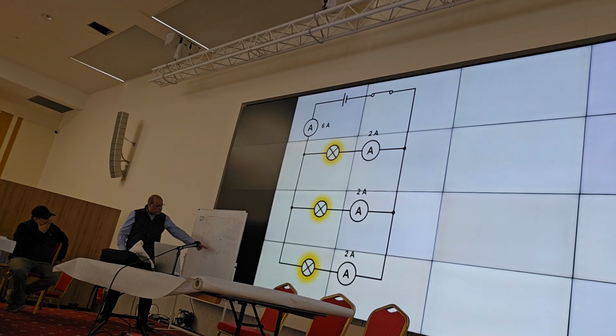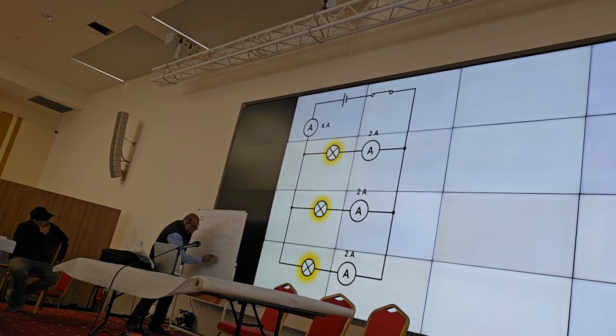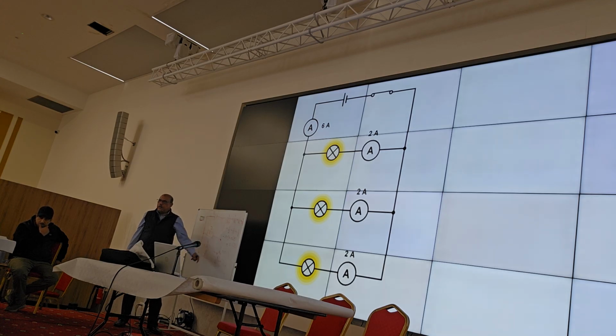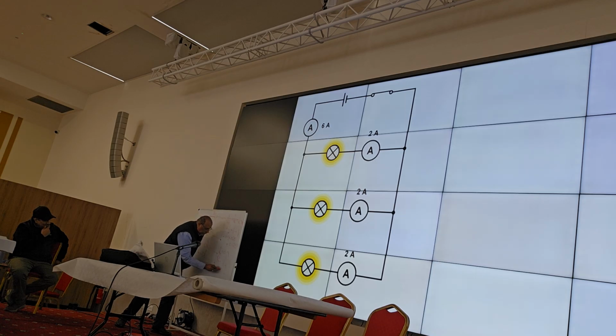If I flip both sides, this will become R total and this will become 1 over 0.9. I'm just rotating that by 180 degrees. If you do both sides, it's not going to affect. So 1 over 0.9 equal to 1.1.